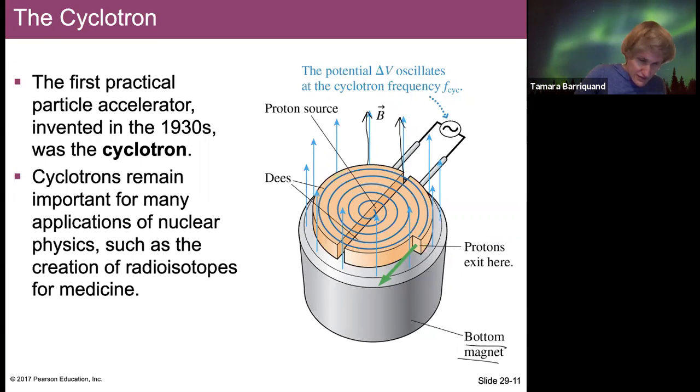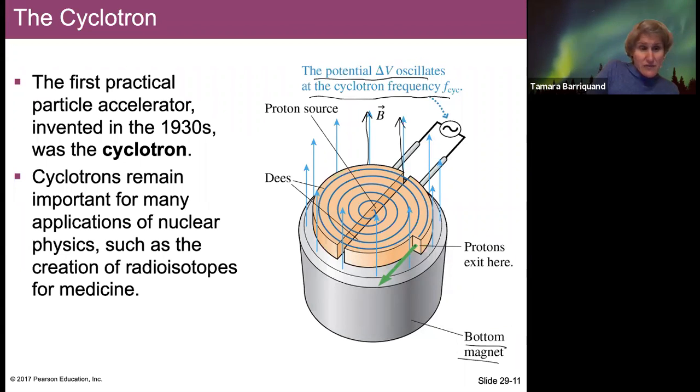And here is the potential delta V that oscillates at the cyclotron frequency. That will accelerate our protons. Here's our proton source, and our proton will exit here. So that will accelerate the particles inside the cyclotron.